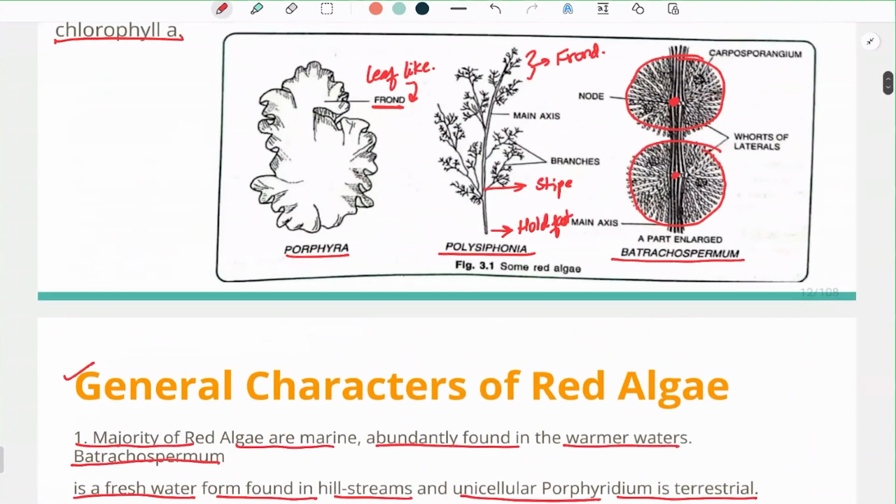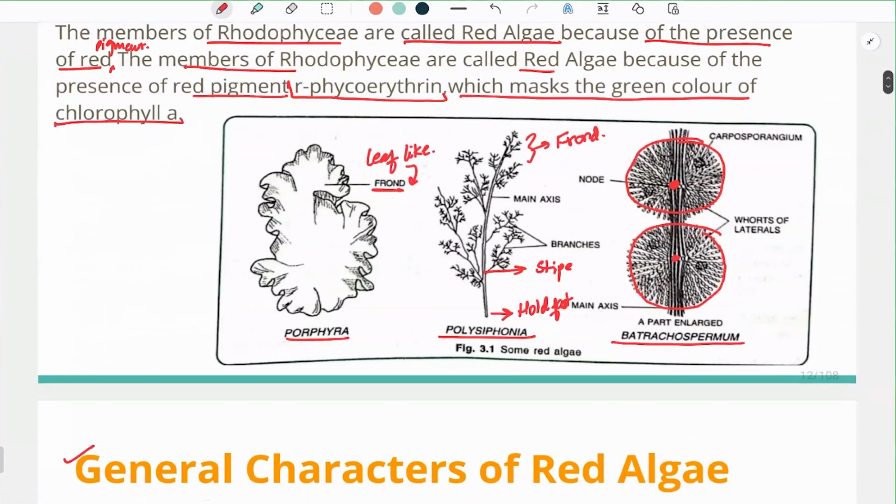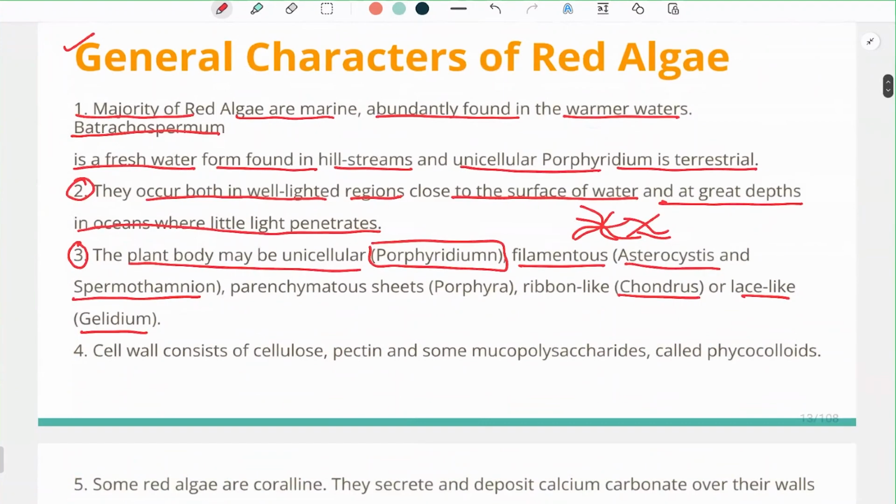We have seen that Porphyra is a sheet-like structure, nothing leaf-like, not even a stem is present, it is just a sheet. So a parenchymatous sheet-like structure, like in Porphyra, ribbon-like structures might be seen in the case of Chondrus, or lace-like structures such as in Chylocladia.